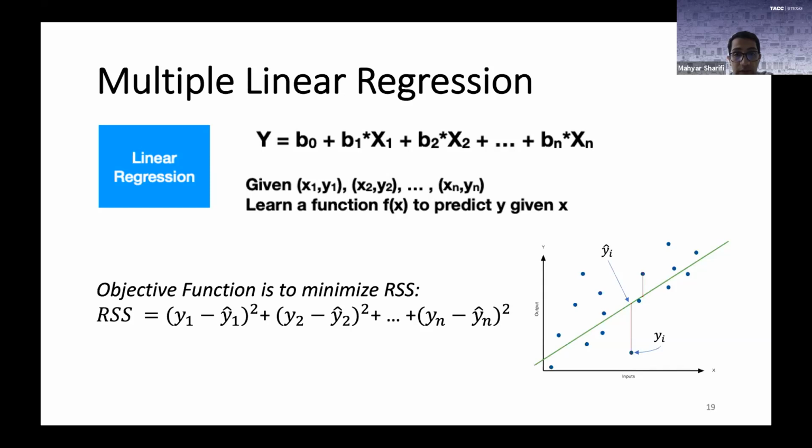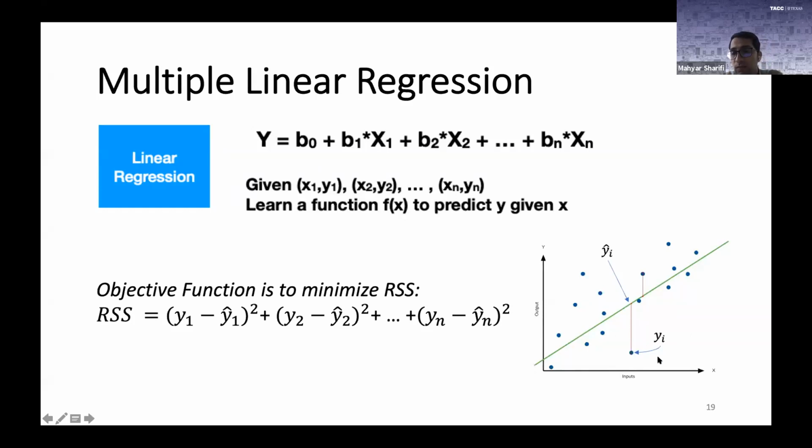The very first one, which I assume most of you are already familiar with, is multiple linear regression. This essentially tries to learn a function f(x) to predict the target variable y given a training data set. Its objective is to minimize the residual sum of squares. As you can see, we are trying to fit a line to our data set.